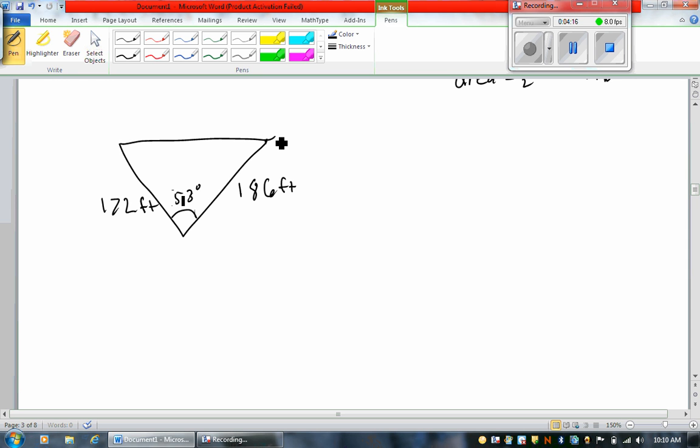Here's my third sidewalk. The third sidewalk measures 160 feet. They want to know the area of the garden to the nearest square foot.